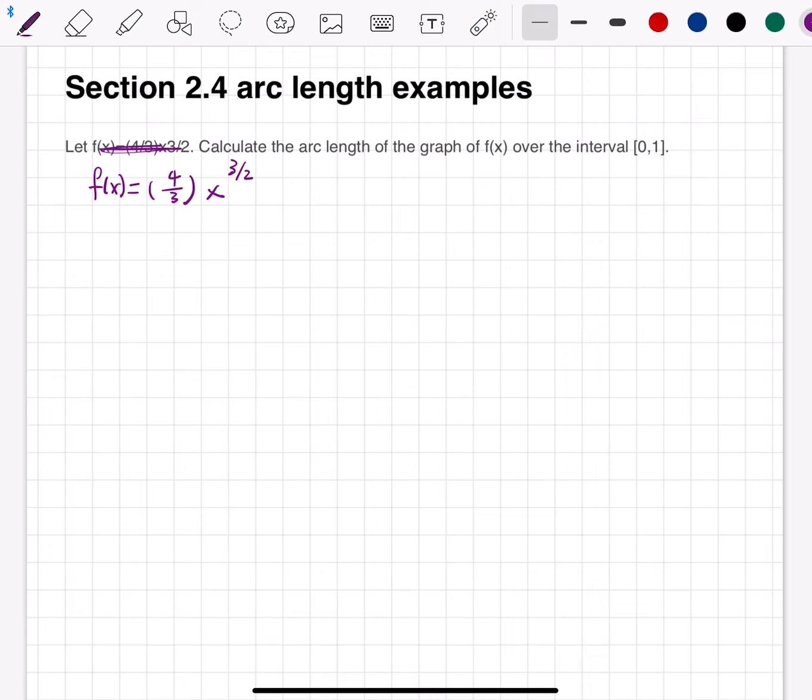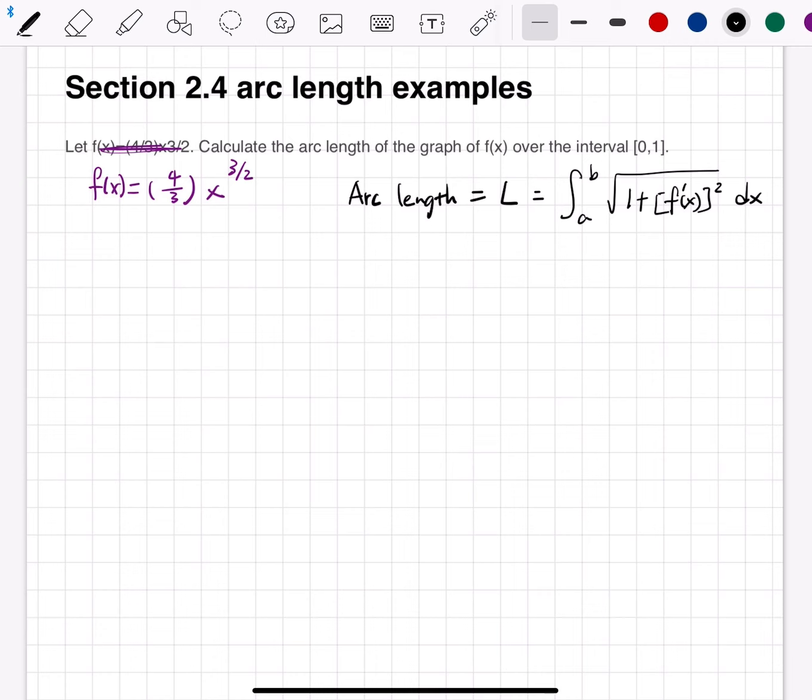And according to the formula, the arc length, or L, is going to be the integral from a to b of the square root of 1 plus f prime squared dx.